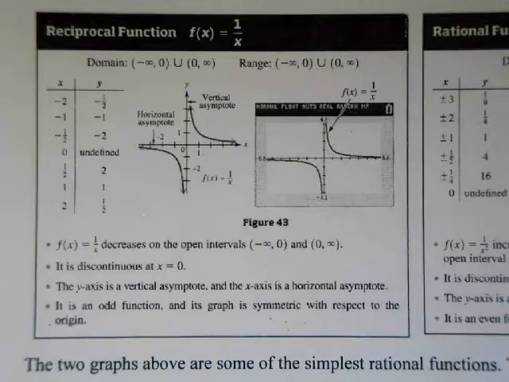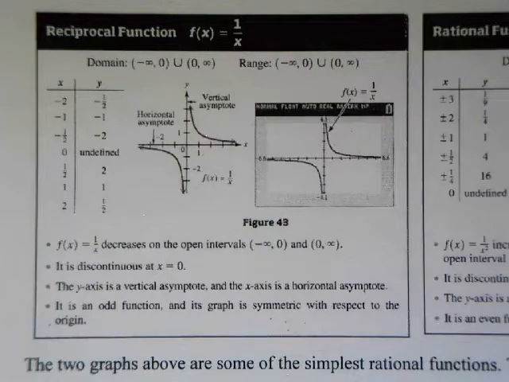And the range ends up being pretty much all values of y. However, it's not going to equal 0 either, because, of course, it's 1 over x. So there's no way to turn that into a 0, no matter what x is, since we can't use the 0. Please note that it's discontinuous at x equals 0.